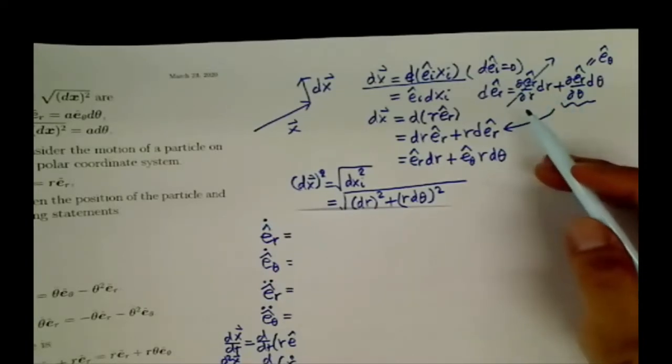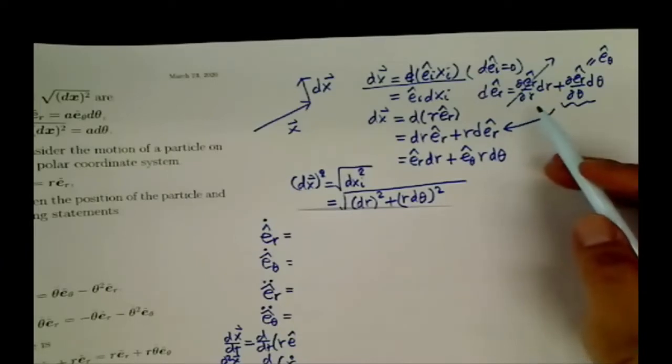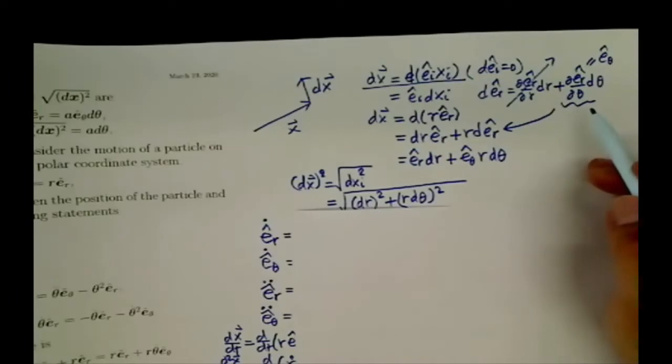We know that the radial vector does not change its magnitude, does not change direction along a shift in the radial direction. So this first contribution vanishes, and the only surviving piece is this. And again, the partial derivative with respect to theta of the unit vector along the radial direction is e theta hat.